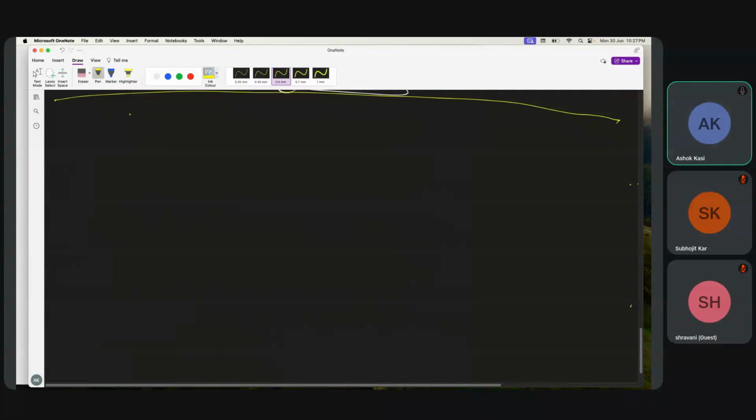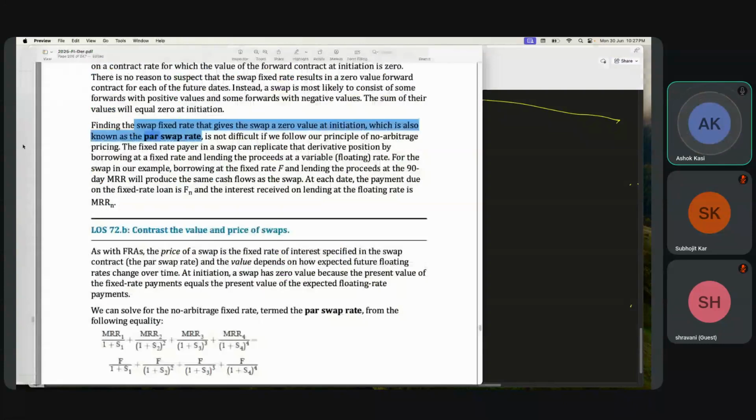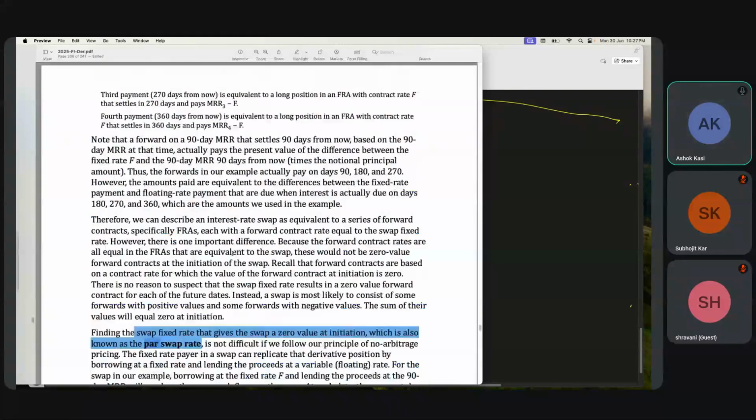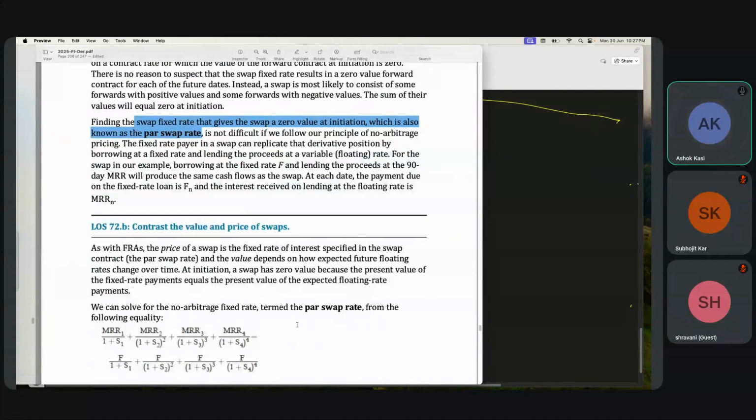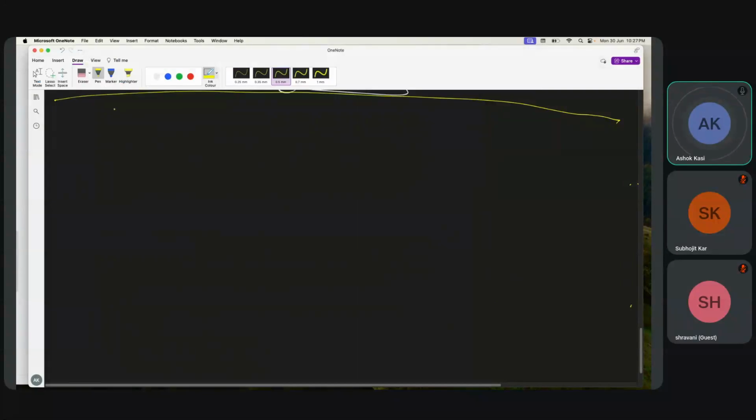For example, this will be a little lengthy. I want to cover this extensively.